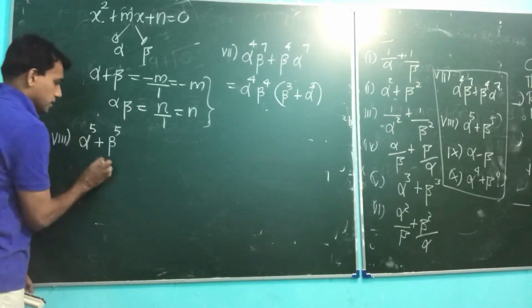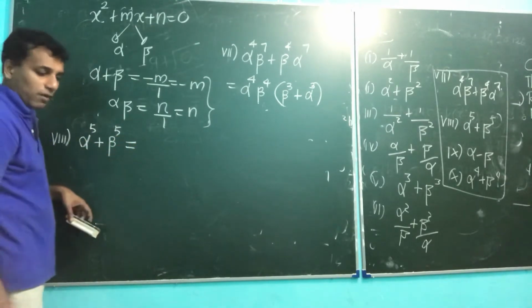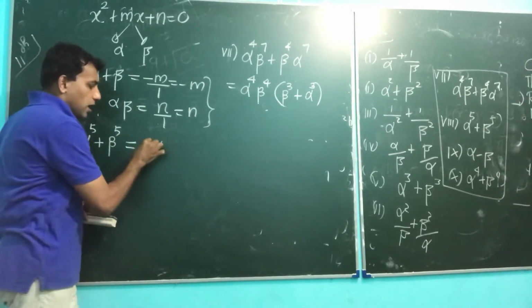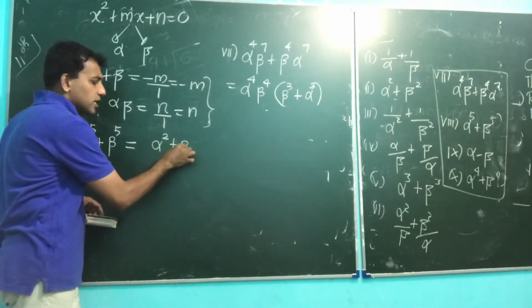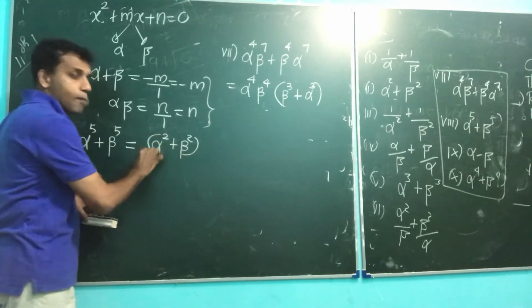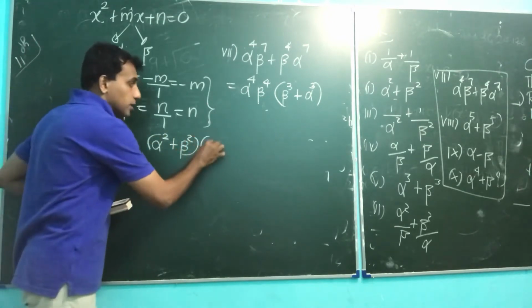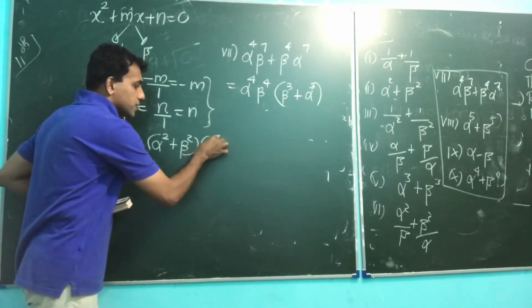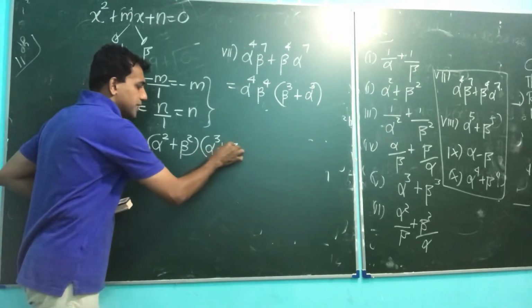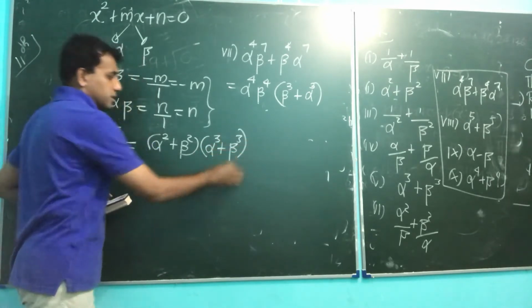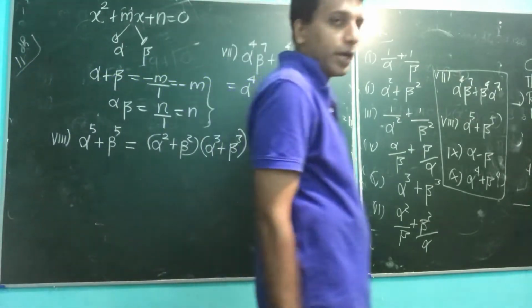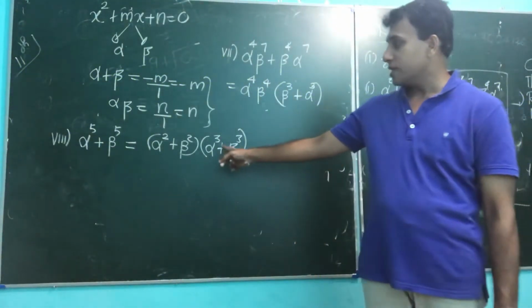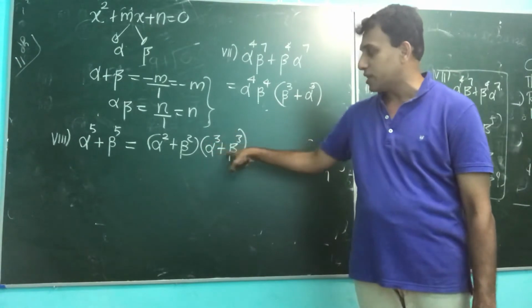So here, I will write this power 5 like this: alpha square plus beta square, multiplied by alpha power 3 plus beta power 3, right? I take the answer like this, multiplying with this.